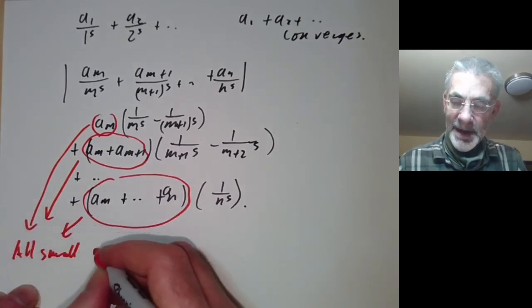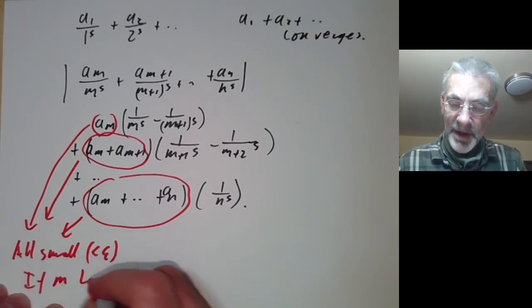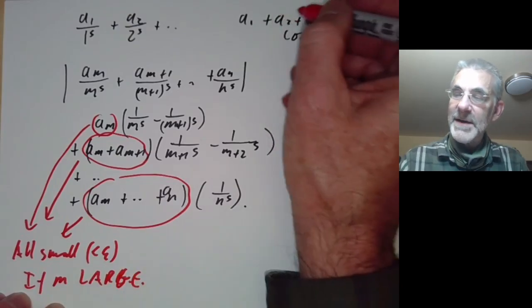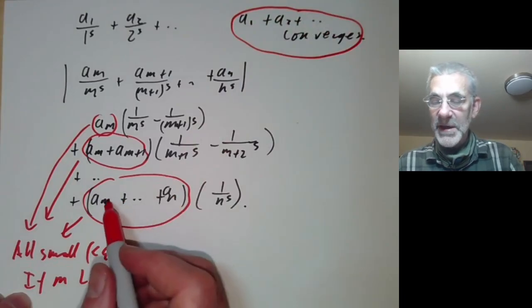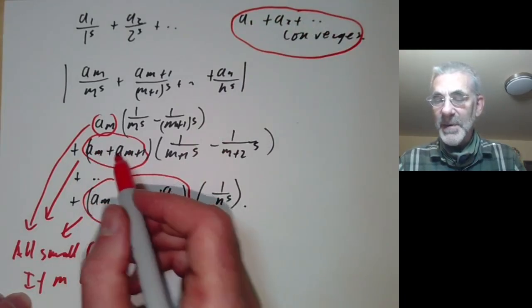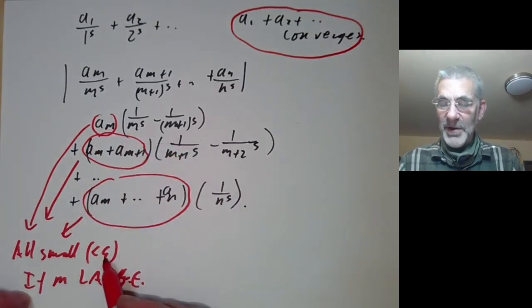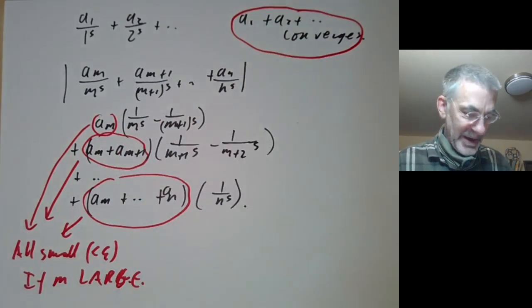These are all small, say less than or equal to some fixed number epsilon, if m is large. And the reason for this is that this sum here converges, and thus all these partial sums are going to be very small, provided m is sufficiently large depending on epsilon. So we can get a good upper bound for all these terms here.